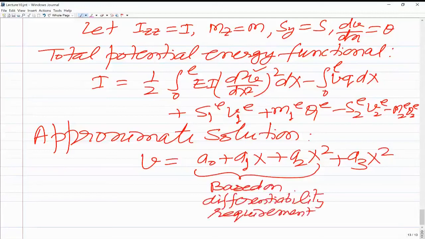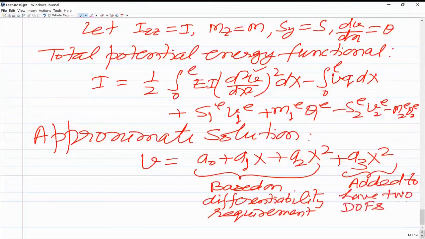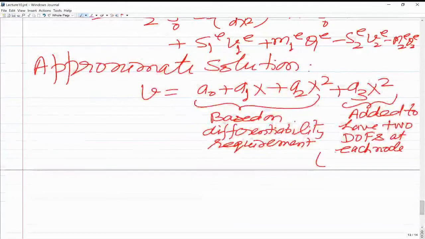And then the last term is an additional term added to have degrees of freedom at each node to satisfy the inter-element compatibility, or the inter-element continuity. So this is added to have 2 degrees of freedom, DOFs, at each node. And these two DOFs are what? The primary variables. So basically 2 DOFs means primary variables.